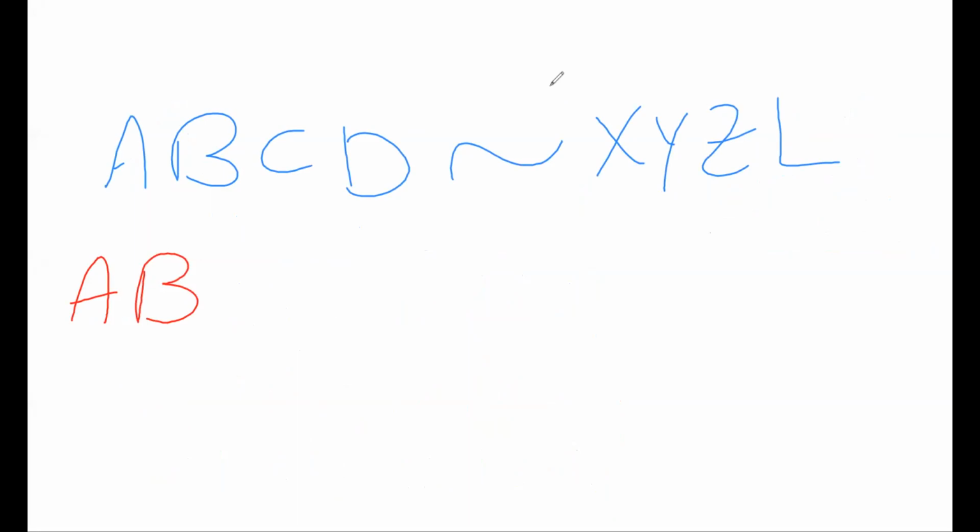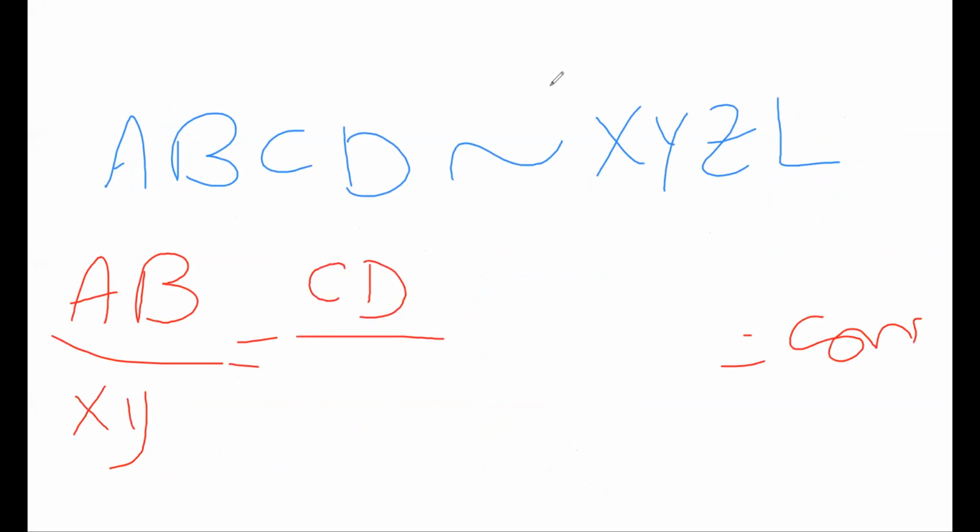AB proportional to XY. It means that AB over XY must be constant. Okay. If I write CD, proportional to which side? ZL. Okay. If I say CB, ZY. Excellent, ZY.